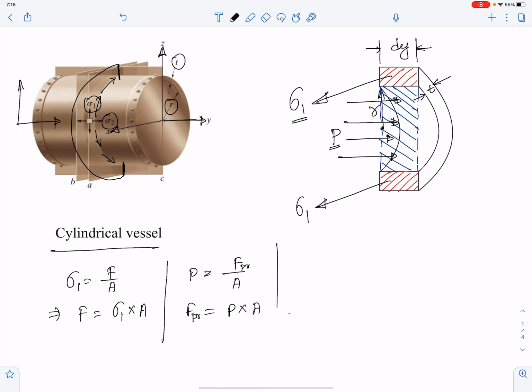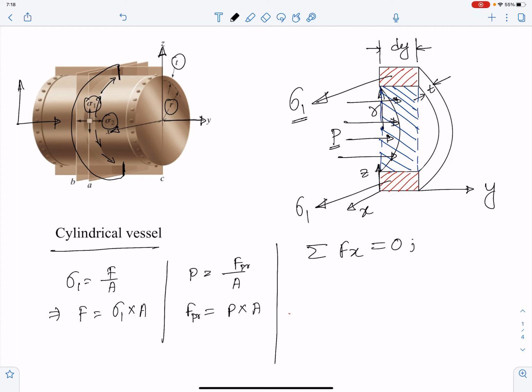Now if we take the summation of forces, the equilibrium equation, Fx equals 0, let me make sure I transfer this coordinate system. So this would be y, the longitudinal direction, this is my circumferential direction, which is x, and the vertical direction is z.